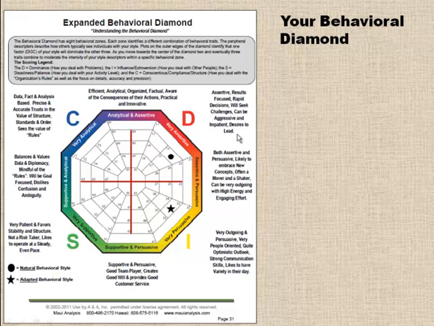By the way, on this page, you'll notice that there's a set of descriptors that surround each of these slices of the pie. So this tells us that this person's natural style is very assertive, results focused, rapid decisions, etc. But their adapted style, they've had to adjust and change and become very much a different person.